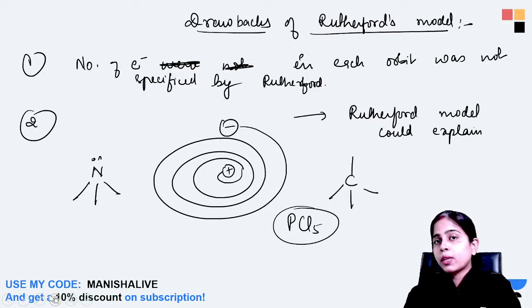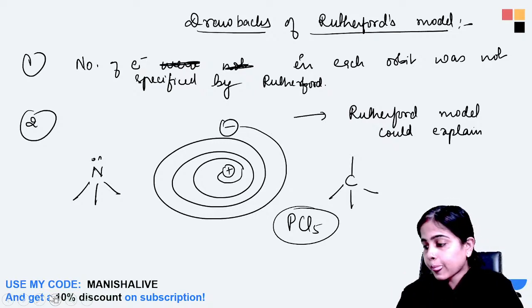So if that angular momentum is quantized, what are quanta, and all these things we need to understand. That's why we need to study from the beginning, then only we can learn your quantum mechanical model.